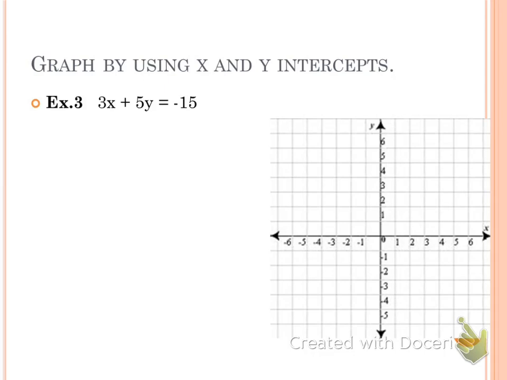It might be important to note, just off to the side, up at the top somewhere, that if you are looking for your x-intercept, you are going to plug 0 in for y.